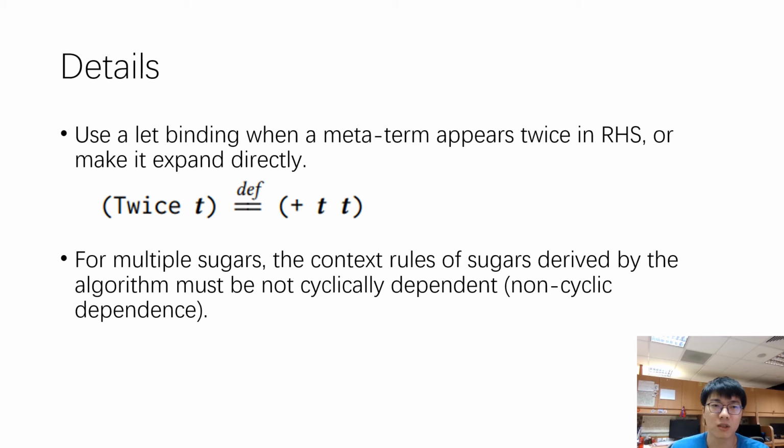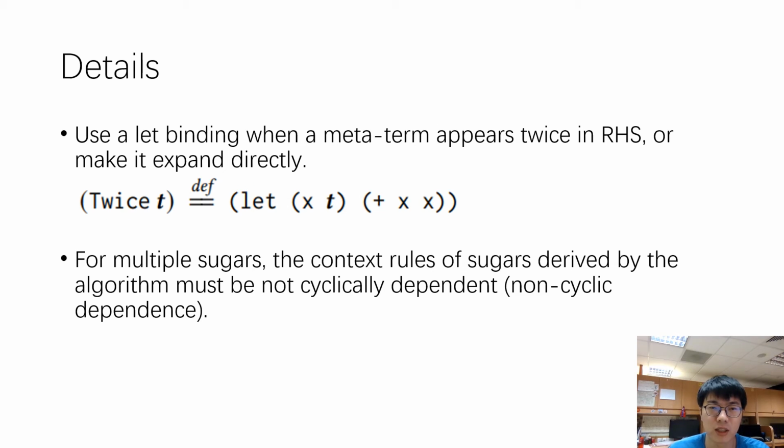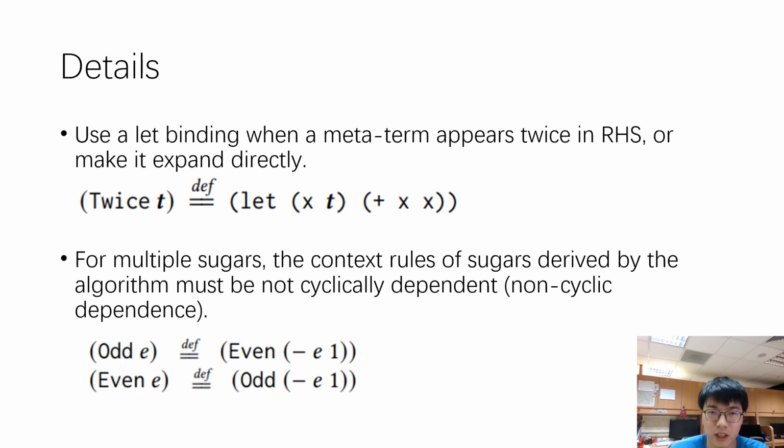So the solution is we can either use a let binding to make them reduce at the same time, or just make the sugar expanded directly when the redex is this meta term. And for multiple sugars, we should calculate their rules one by one, so the context rules should not have cyclic dependency. Actually, mutually recursive sugars will be ill-formed if we have cyclic dependence on the context, just like this.